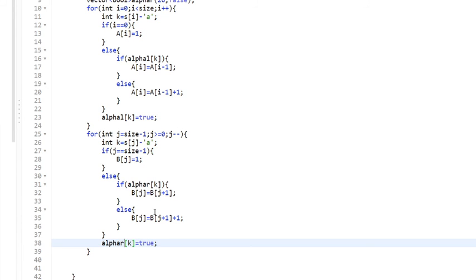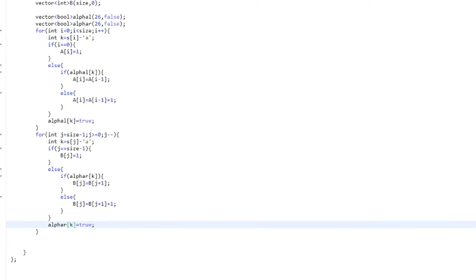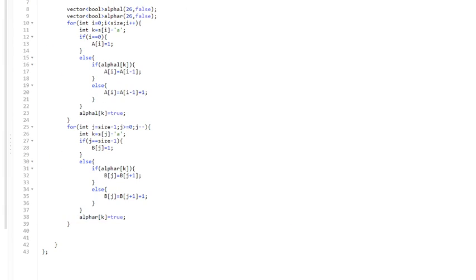This looks good. So let us find how many times A[i] is equal to B[i+1]. That's all, I think.